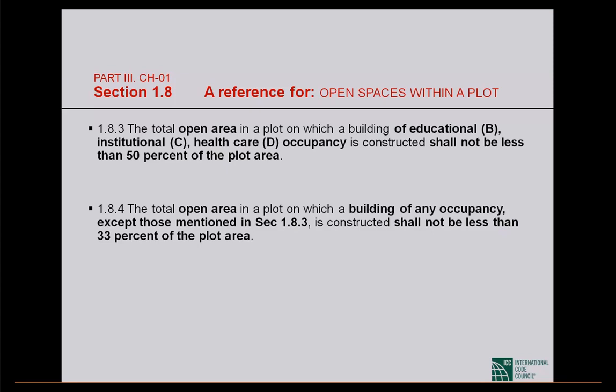So this is a common section that is referred to by many of the sections, either for built area information or for open area information or building room size or anything. It will be referred to section 1.8, and we can understand that it is already covered in section 1.8 of chapter 1 and part 3.